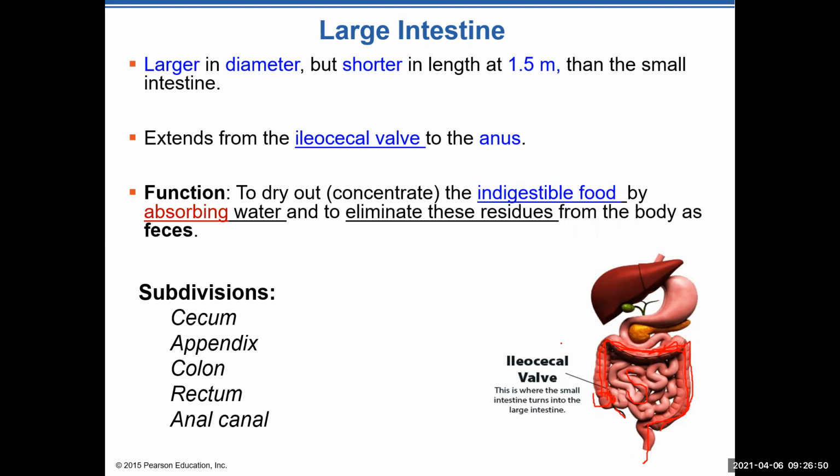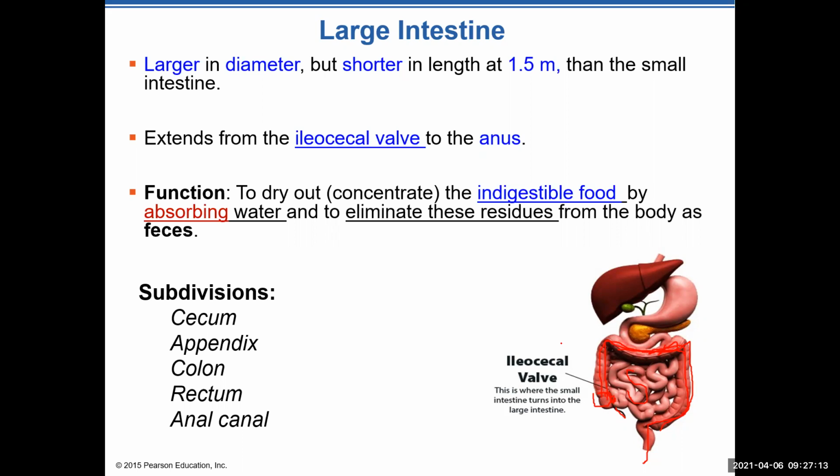And the electrolyte absorption, sodium chloride absorption, will again take place in the large intestines. And the final job is pushing the fecal matter towards the anus so that it can be eliminated as early as possible. Is it clear? So remember, no digestive enzymes are produced in the large intestines.